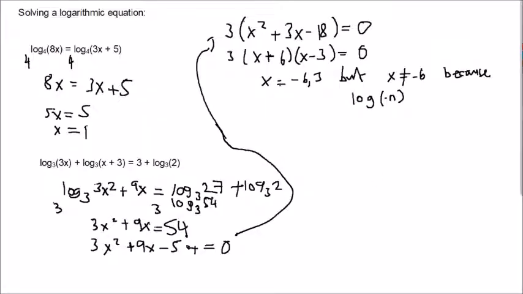So this is solving a logarithmic equation. I have already established the identity that a to the log base a of any number is equal to that number, because log base a of a to that number is also equal to that number.